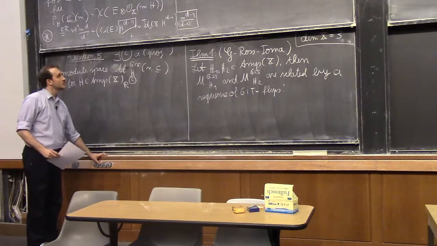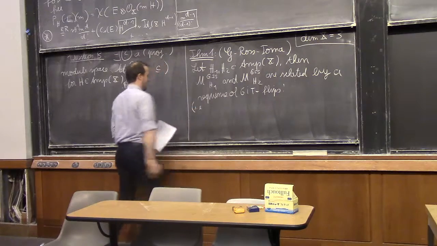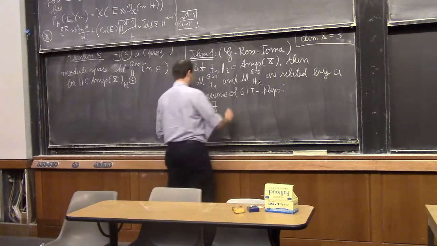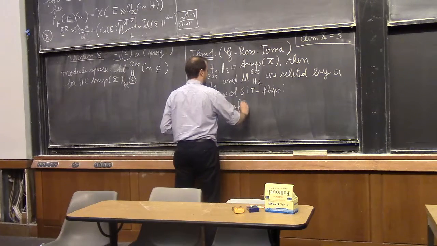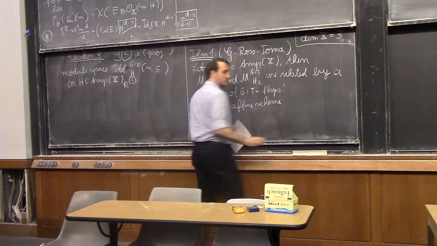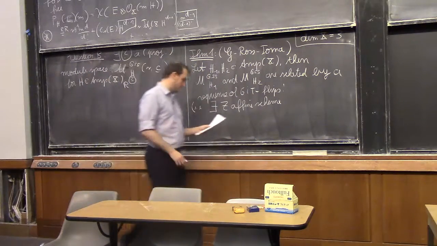So what does it mean? That is, we will construct a master space. So there exists Z, an affine scheme. You can also construct a projective scheme, but we go as high as possible.